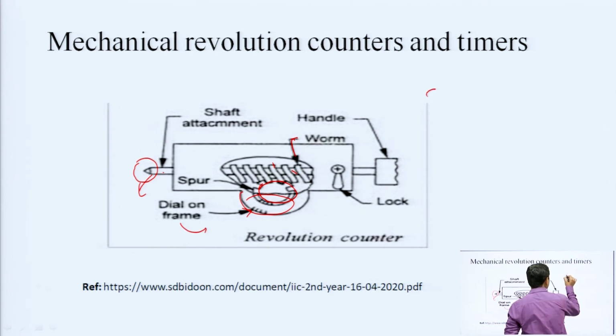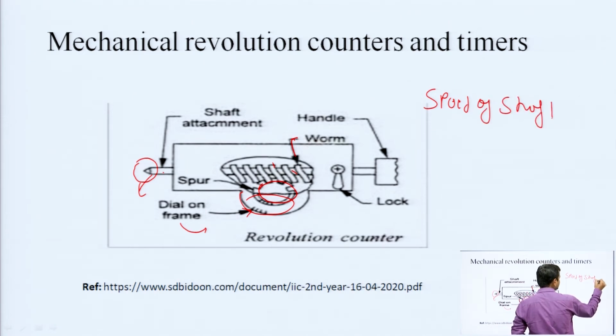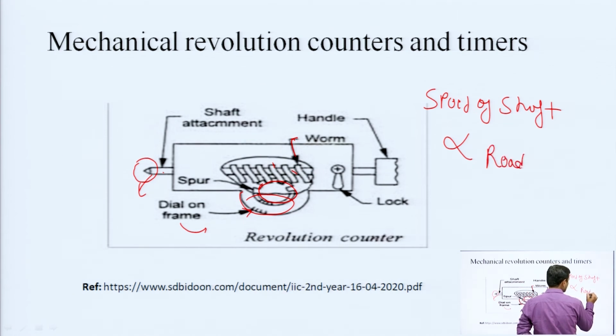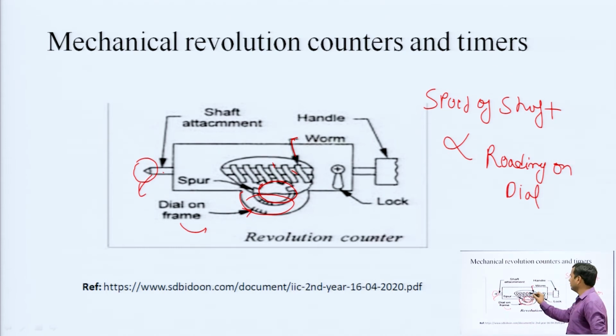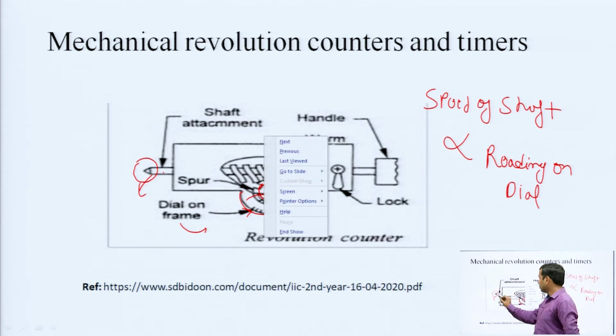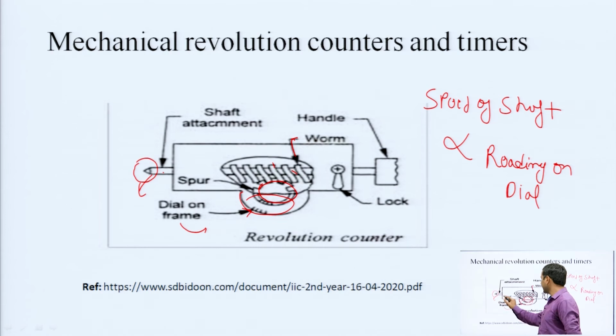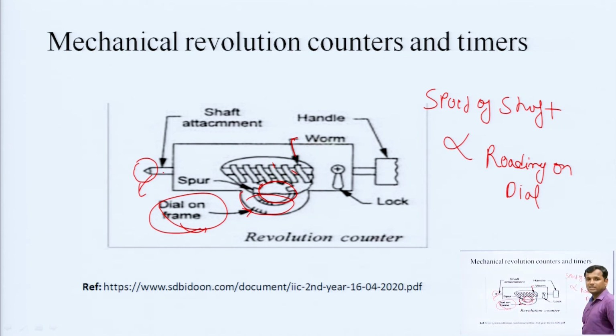The basic principle is that the speed of the shaft is proportional to the reading on the dial. The rotation of the spur, which moves with respect to the worm, is caused by the rotation of the shaft, and that can be noted by the number of counts it is rotated by, which will be reflected on the dial gauge, and that can be counted with the help of the counter also.